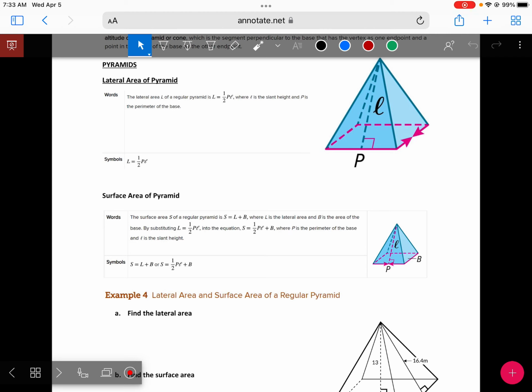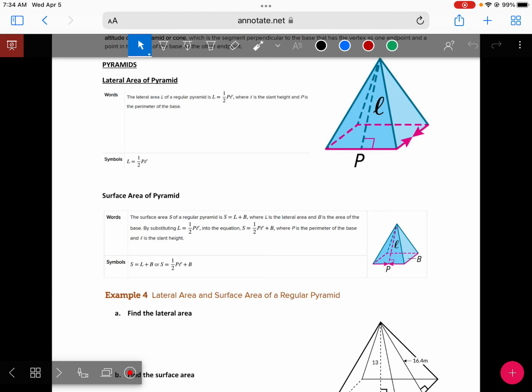What's the big difference between those two and say my prisms, which are like this one or those two up there, the cylinder or the rectangular prism? What do you notice? It's like made up of squares and rectangles.